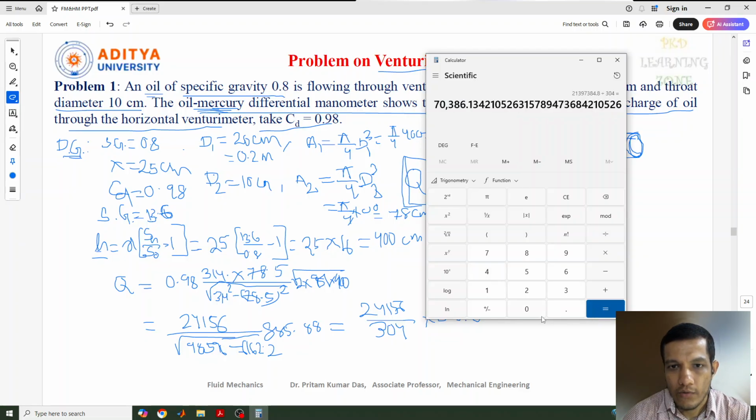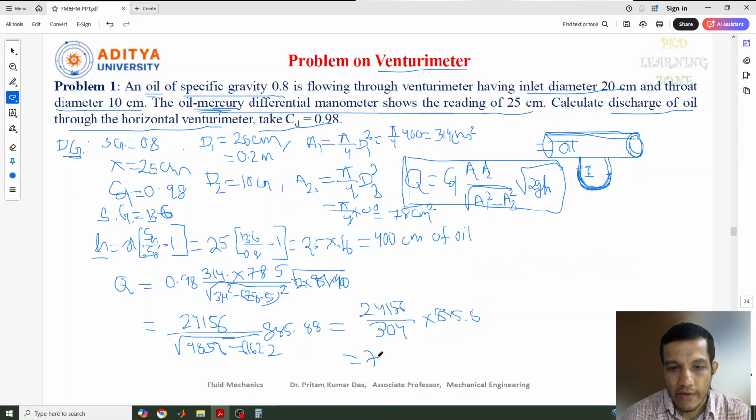So near about we are getting 70,386 point some value, that is centimeter cube per second. You can convert it into meter cube per second, or we can write it in liter. For that it will be divided by 1000, so you get 70.386, that is liter per second.